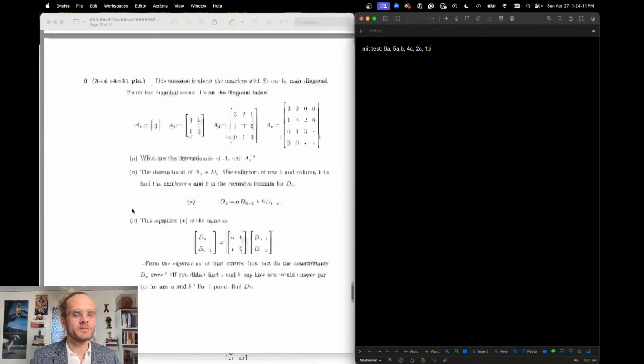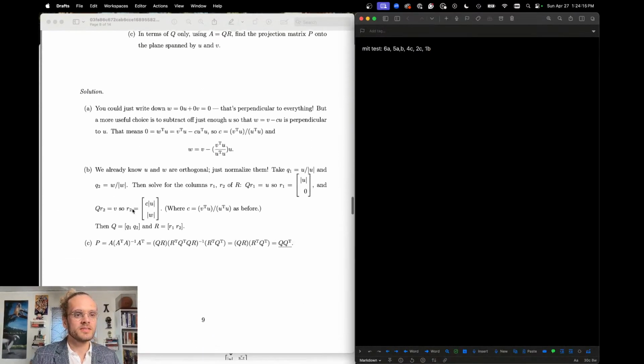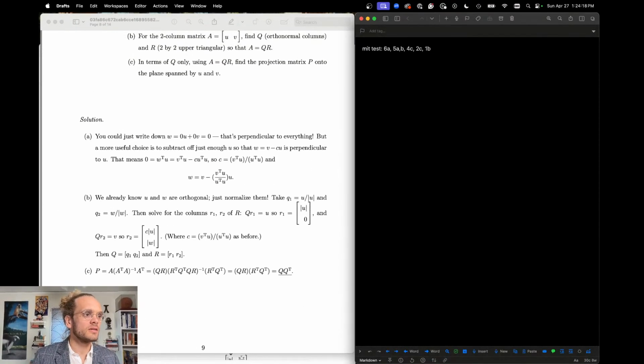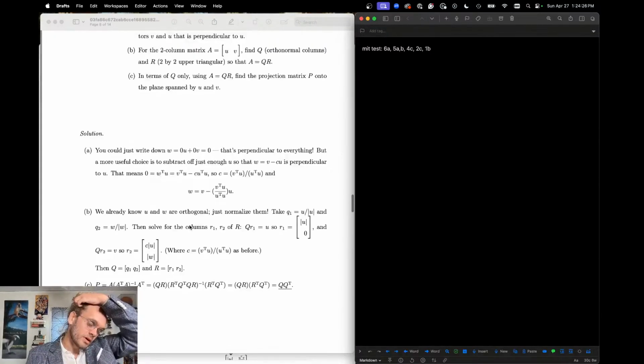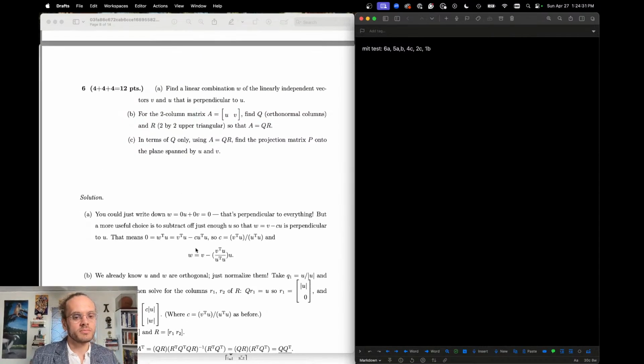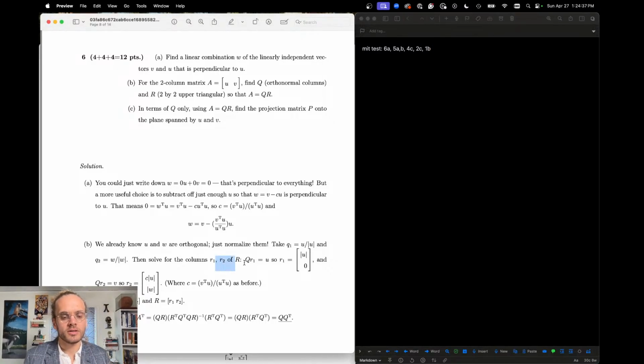Let's keep going here. We were on number 6. So let's take a look here. Find a linear combination of u and w. So it's just this. We already know u and w are orthogonal. Just normalize them. Take q1 equals u over the magnitude of u and solve for the columns r1, r2 of R. QR1 equals u, so r1 equals the magnitude of u, 0, and QR2 equals v.